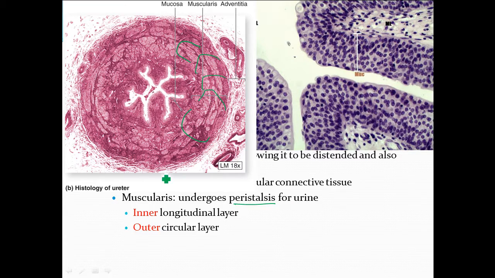The interesting thing about this muscularis externa is that it has an inner longitudinal layer and an outer circular layer. So it's reversed compared to the digestive tract, where we said there's an inner circular layer and outer longitudinal layer. So it's reversed in the ureters here.